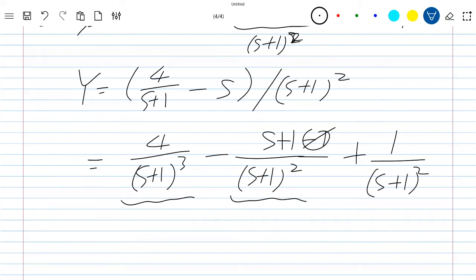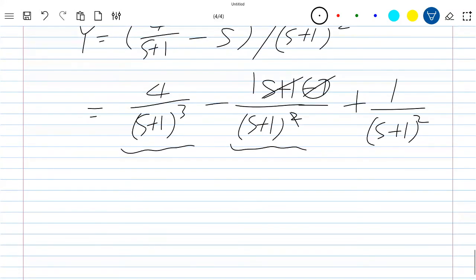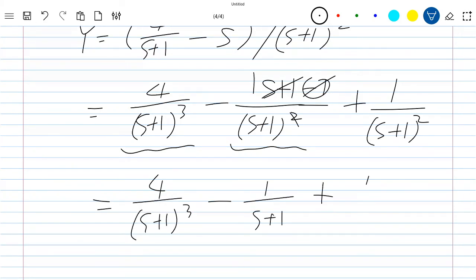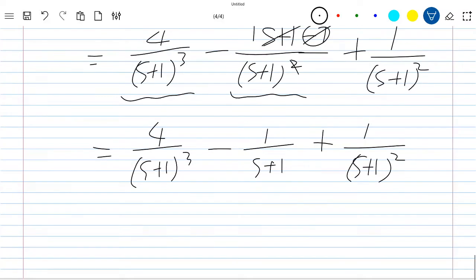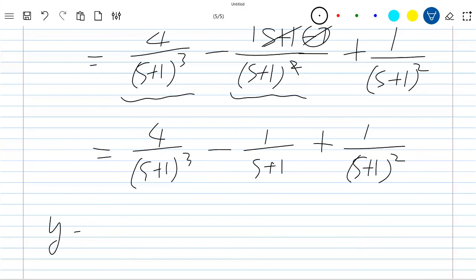Right, then you can cancel one of them. So you have 3 terms. Okay, so you can write down them directly if you are familiar.